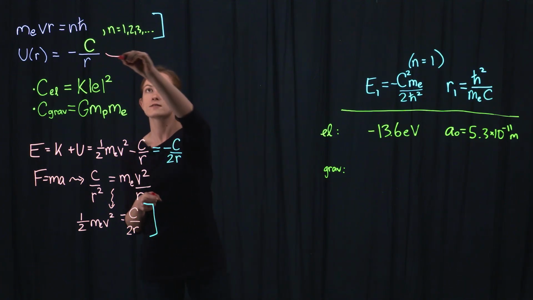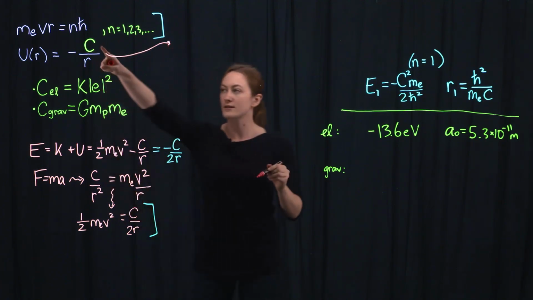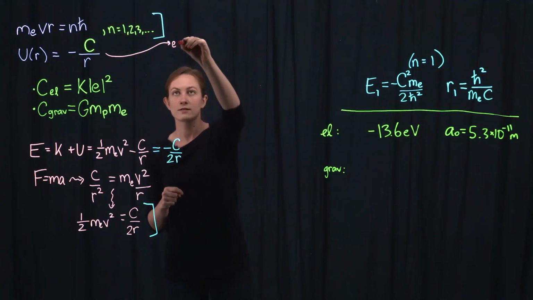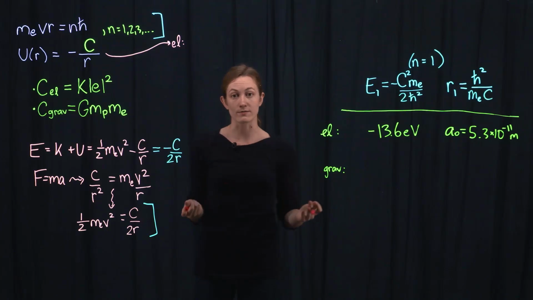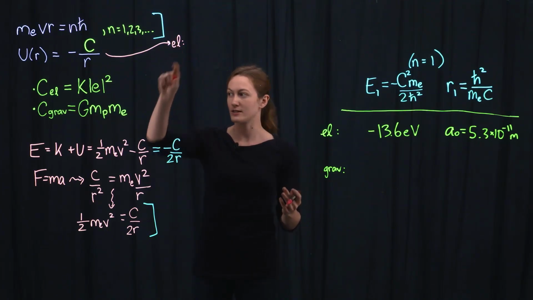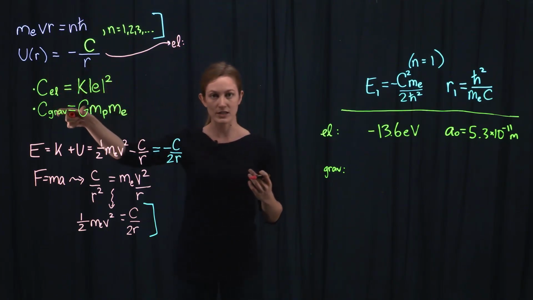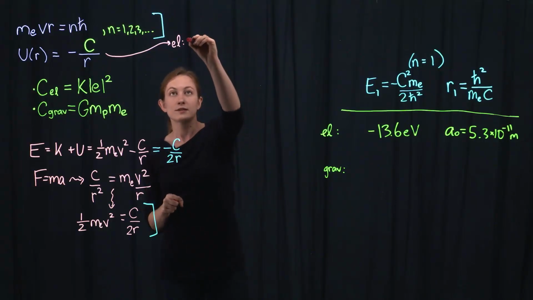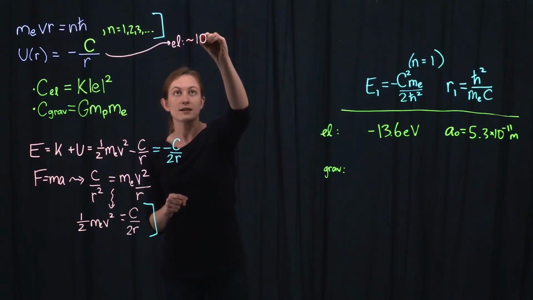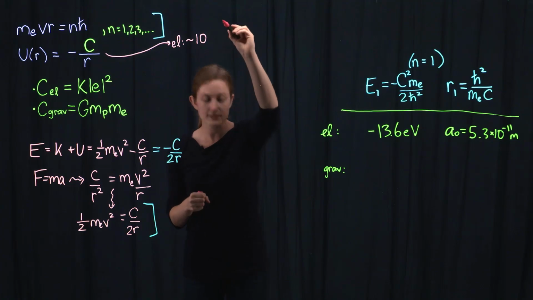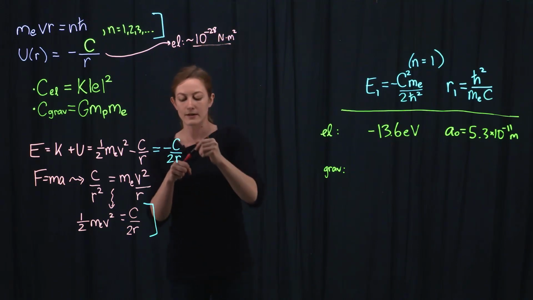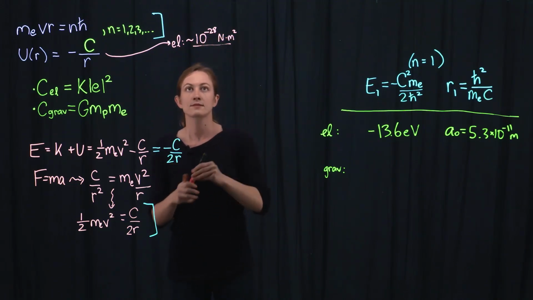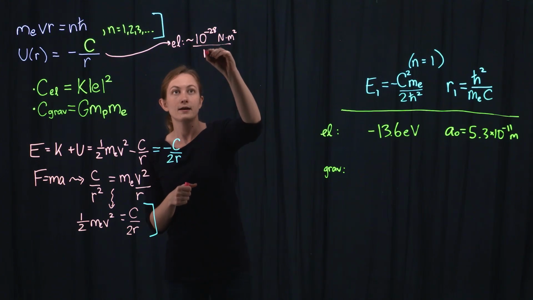If we plug in for what c is over here in the potential for the case of the Coulomb force, just to get an order of magnitude estimate of the difference between the Coulomb potential and the gravitational potential, we would get something like 10 to the minus 28 Newton meters squared over r.